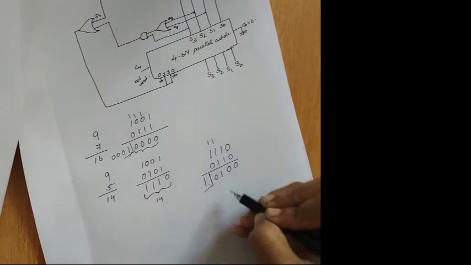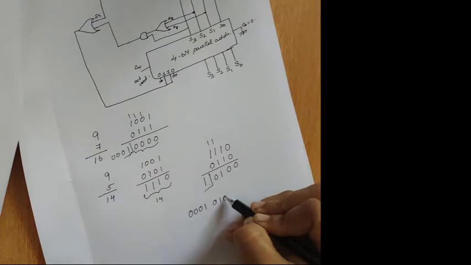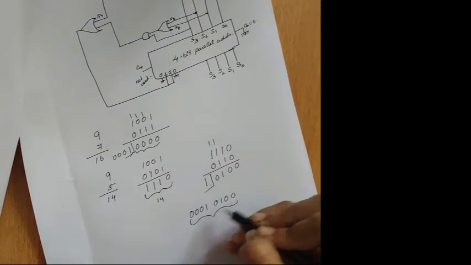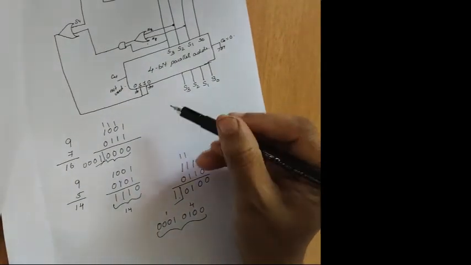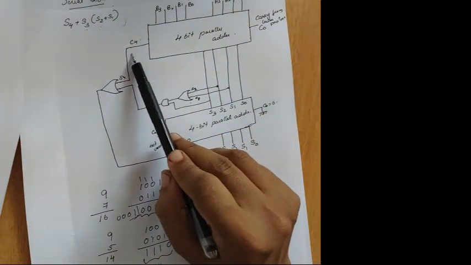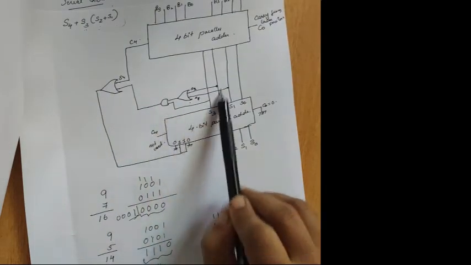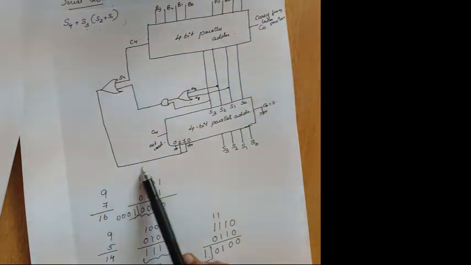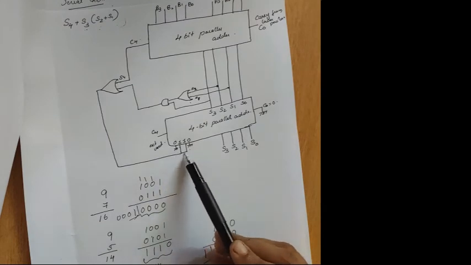So look, you got 0, 0, 0, 1 and 0, 1, 0, 0. That is 14. This is 1, this is 4. Okay, so that you will get over here. If the value is exceeding 9, your C4 will get activated, and according to that, this operation will get activated, 1 will get activated. 0, I am grounding it, and 1 I am giving to 1, 1.